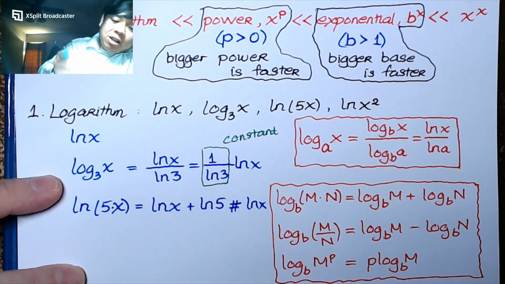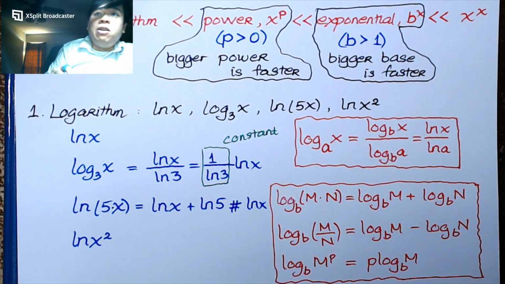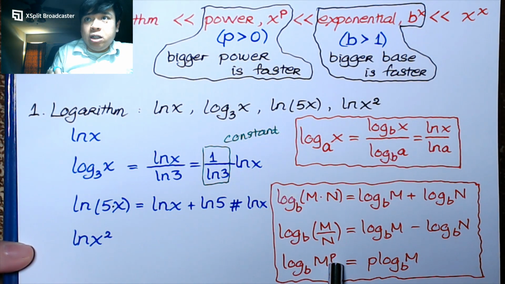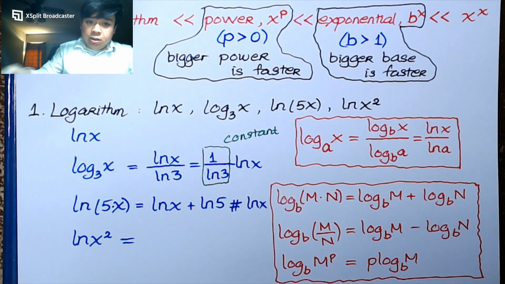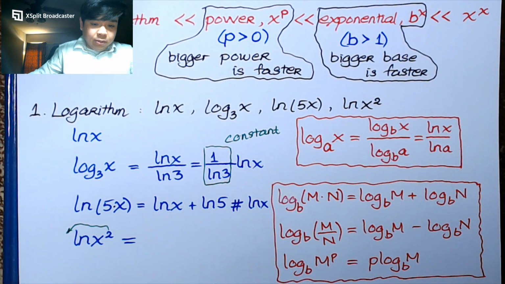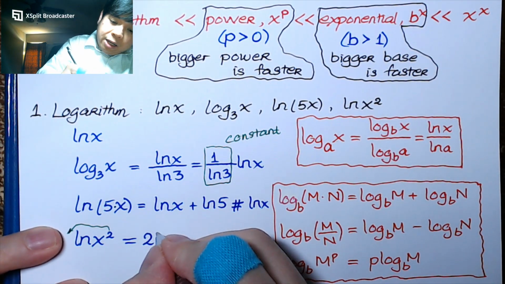Now ln of x squared. Here you see that we can use these properties and bring down the exponent, and we have 2 ln of x.